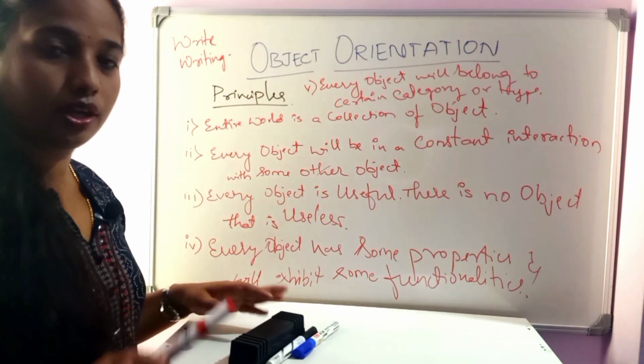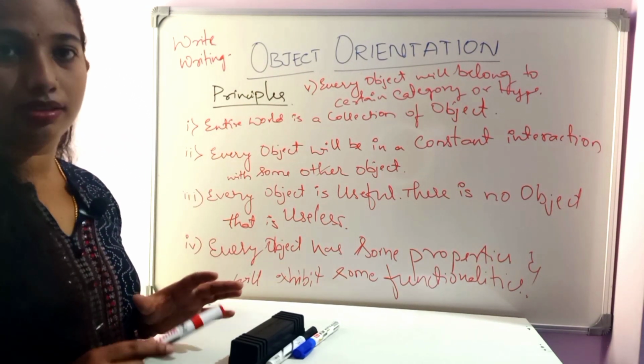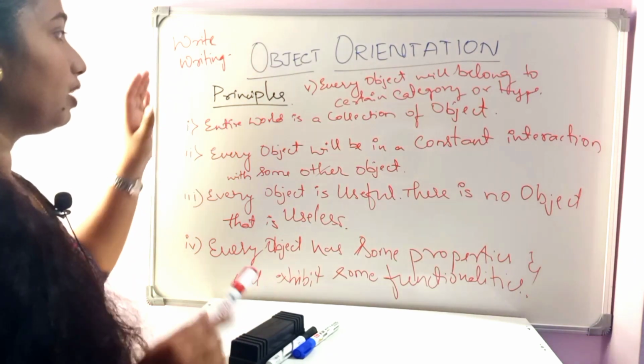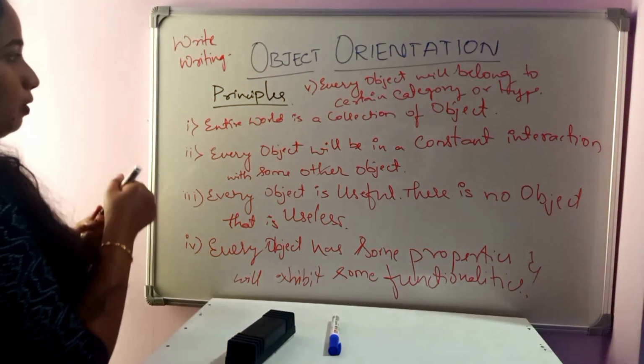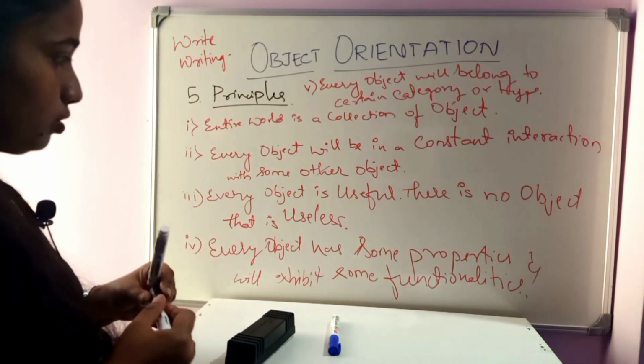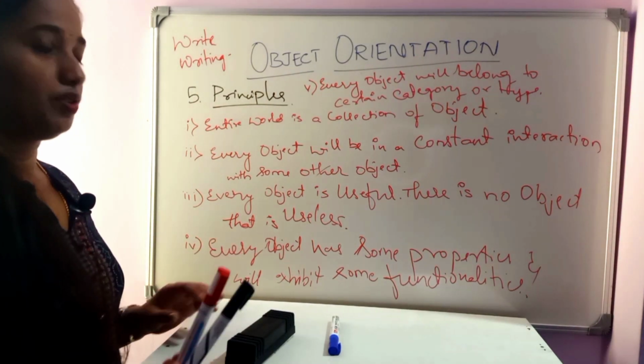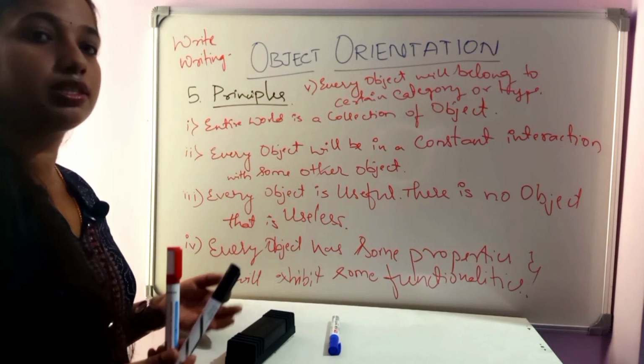Types of that object will not exist. Objects of that category will exist. So these are the 5 principles of object orientation which you should know to become a Java developer. An object is a thing which has some properties and will exhibit some behavior.